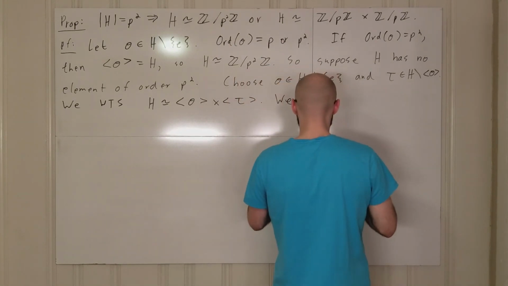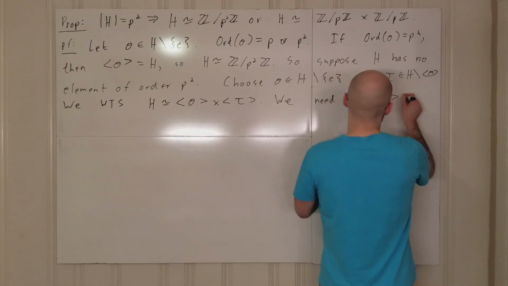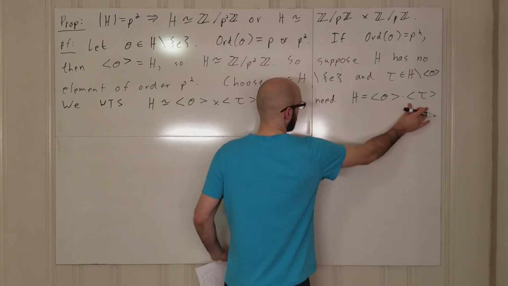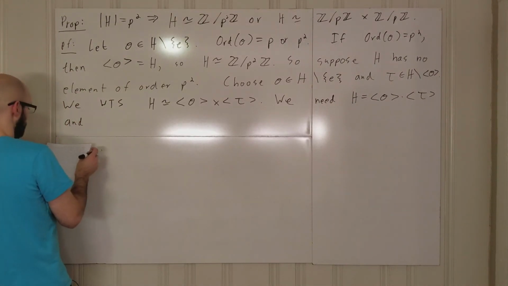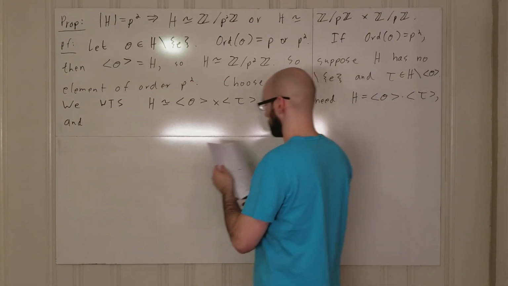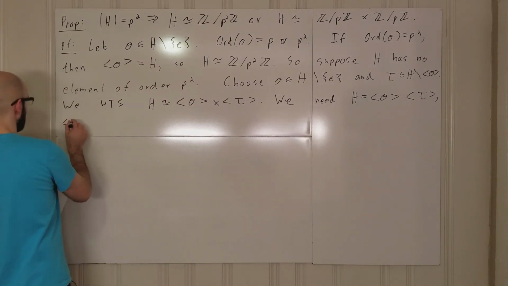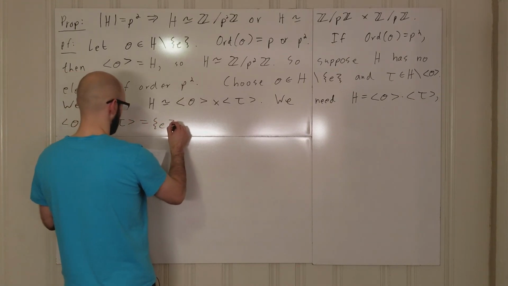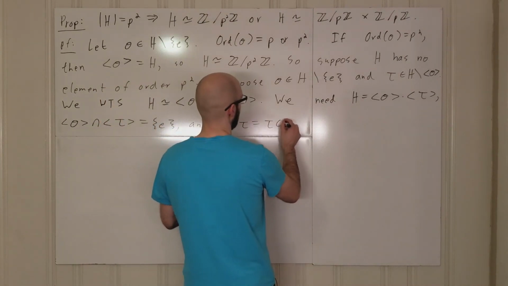So we need H to be equal to the subgroup of sigma times the subgroup of tau. We need the intersection of these two subgroups to be trivial, and we also need sigma tau to equal tau sigma.